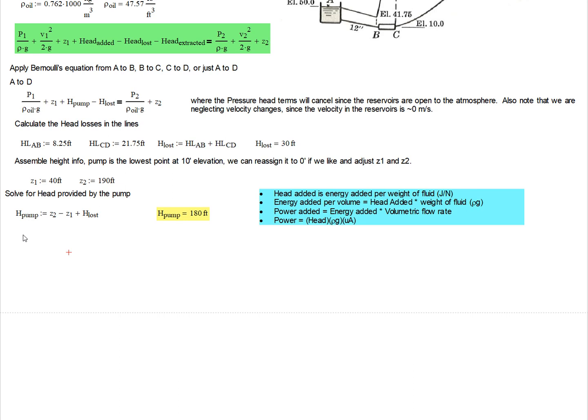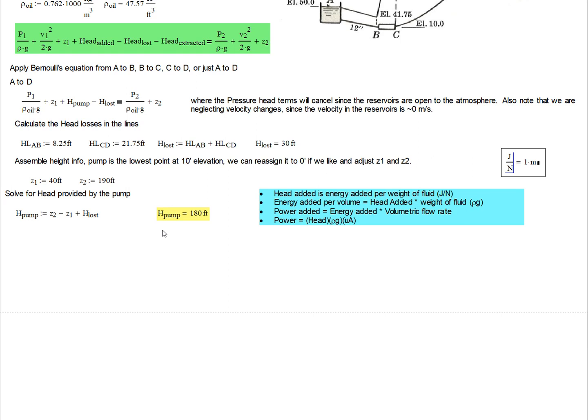I prefer to think of these things in SI units, so I don't have to think about pounds force and pounds mass and using gc. If we do this in SI units, head is joules per Newton. And what is a joule per Newton? A joule per Newton has units of length.